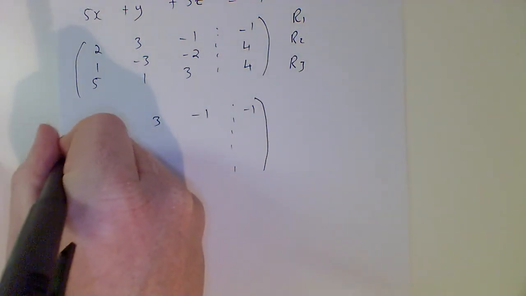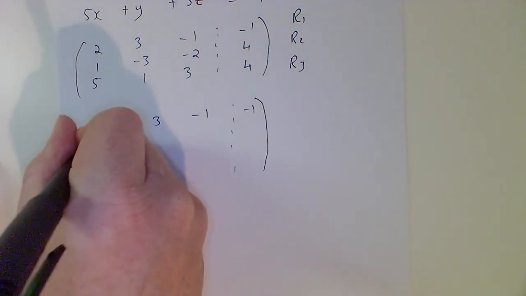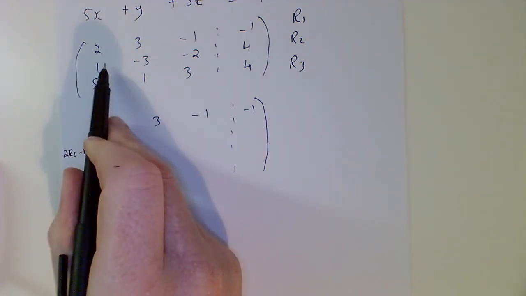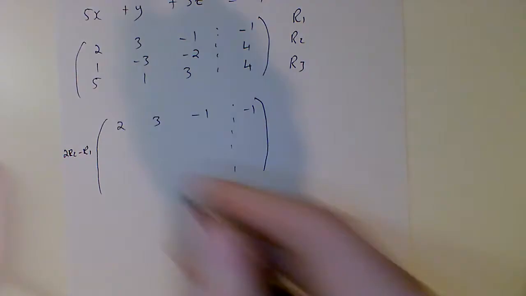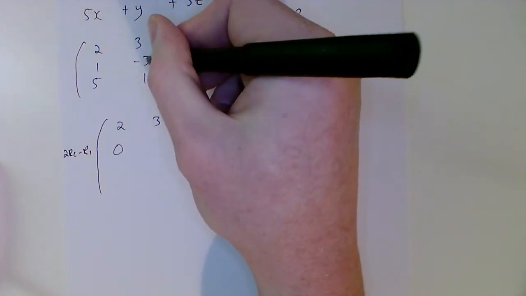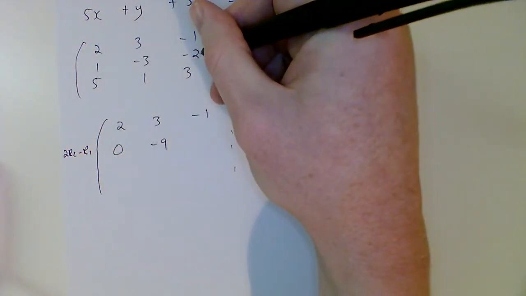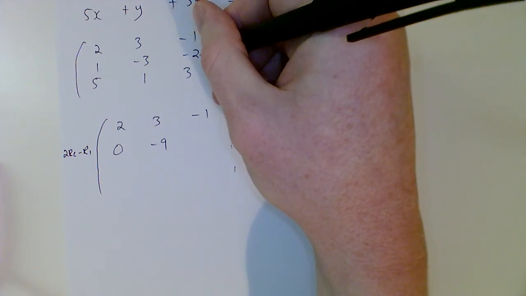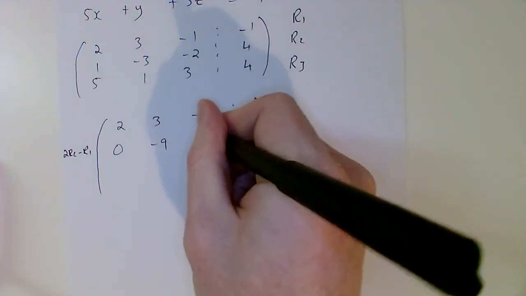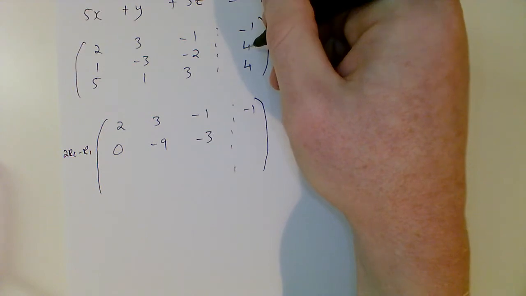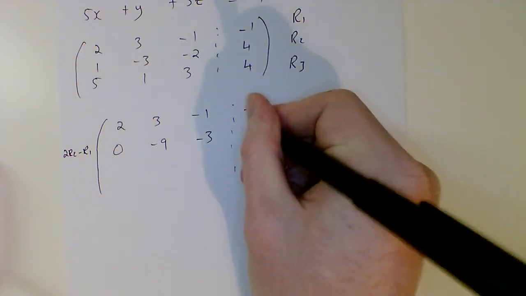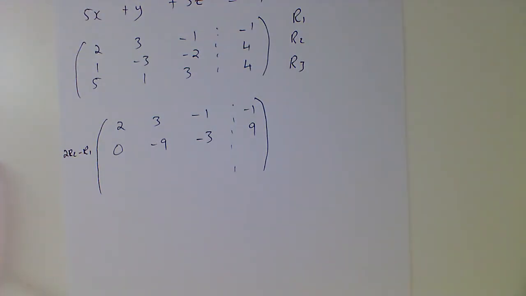So I'm going to say 2R2 take away R1, because 2 lots of that take away 1 lot of that would be 0. So 2 lots of that, -6, -9, -4, -3, and 9. Okay, so the double negatives will cause issues, right?